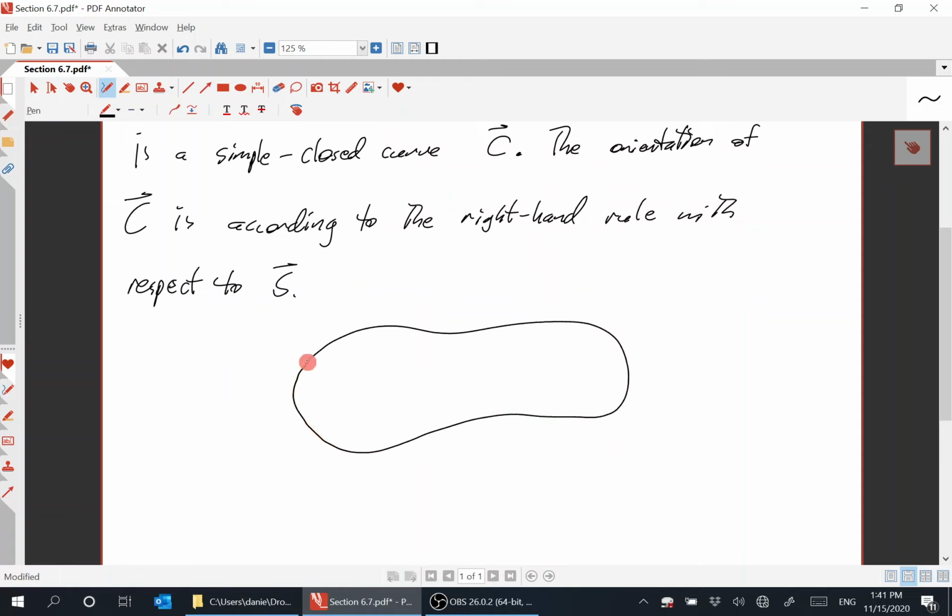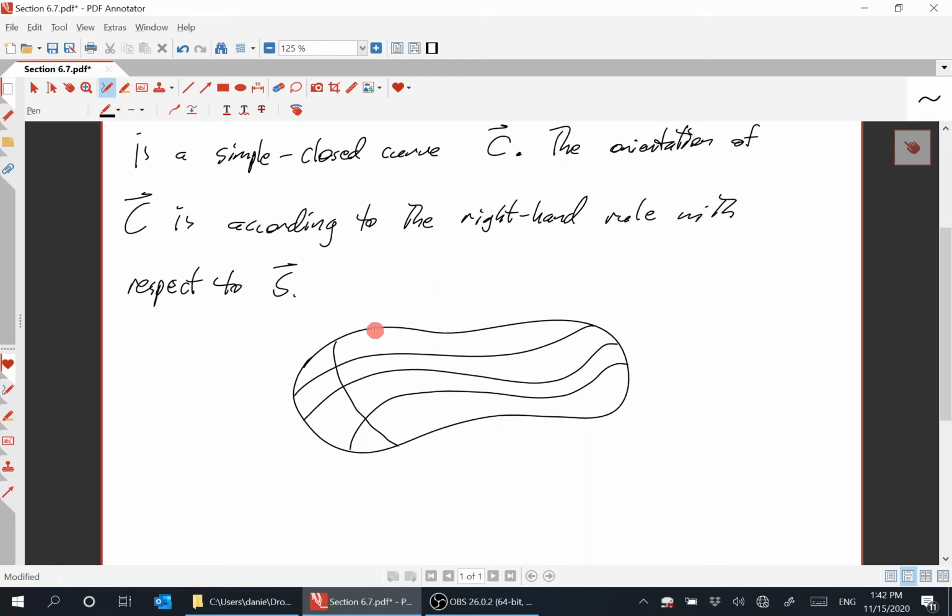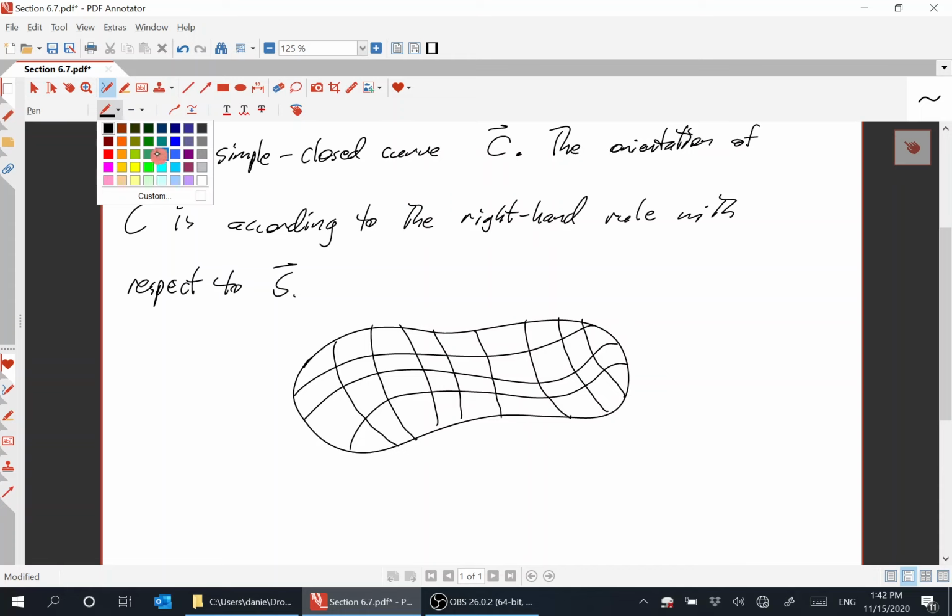So here's my surface S, like so. And S is oriented from side 1 to side 2. So this is S here, sort of in that general direction.